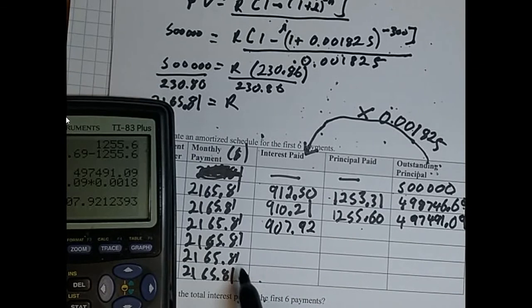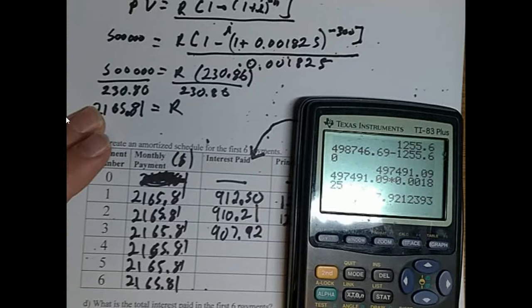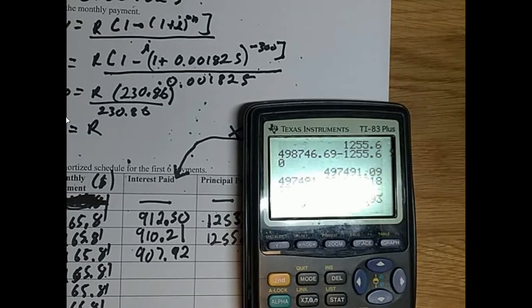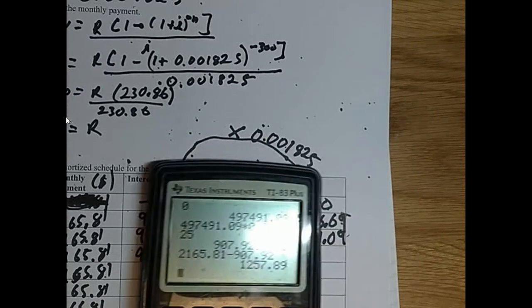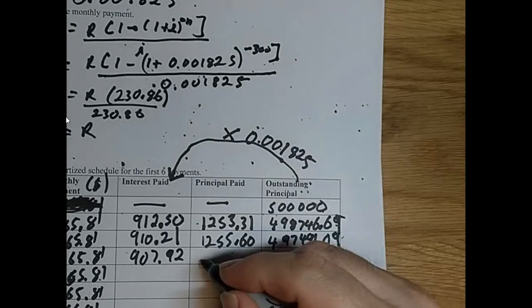We'll just do one more row here. You go 2165.81 subtract 907.92. And you get the new one, 1257.89. And then you subtract these two.